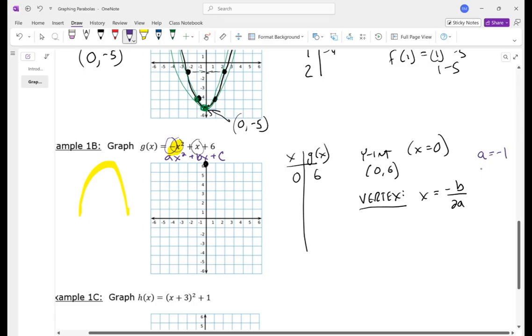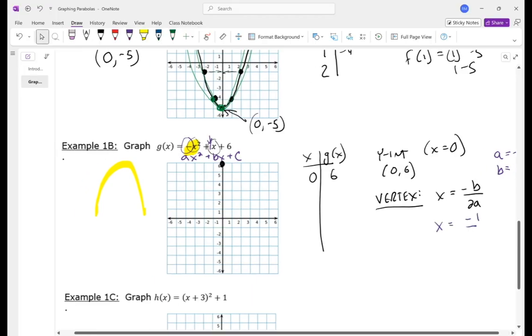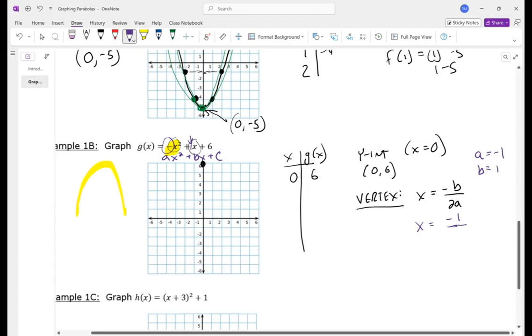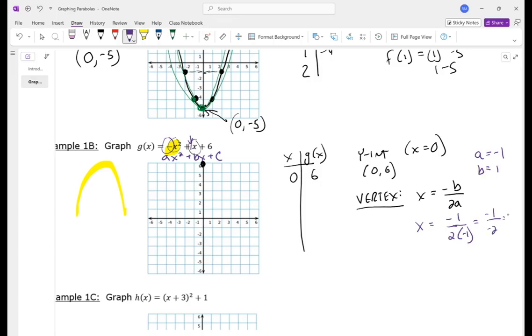And b is the number in front of the x term, which is just going to be a 1. So it really would be -1 over 2 times -1, or -1 over -2, or 1/2. So my vertex is going to be at the point x = 1/2.